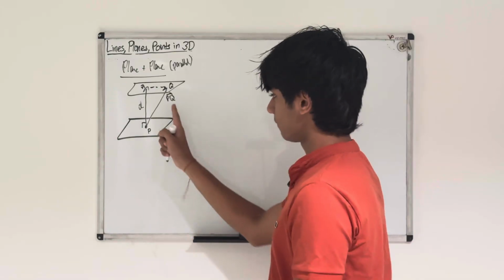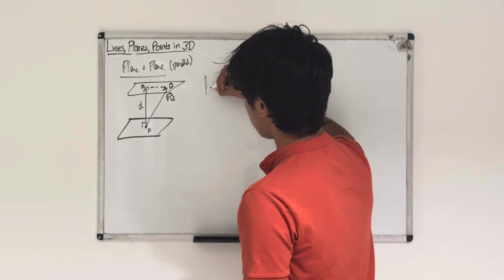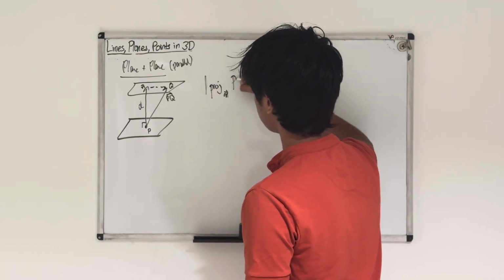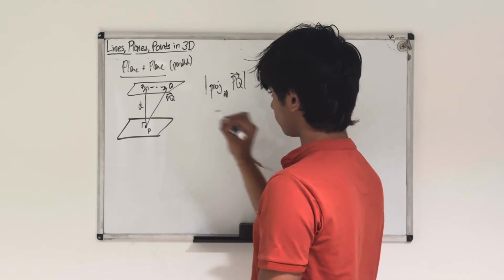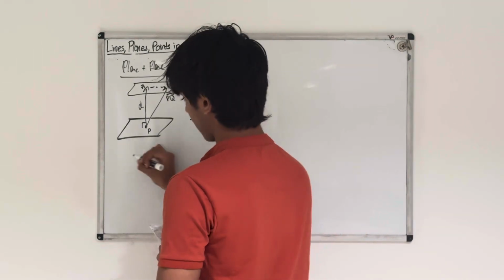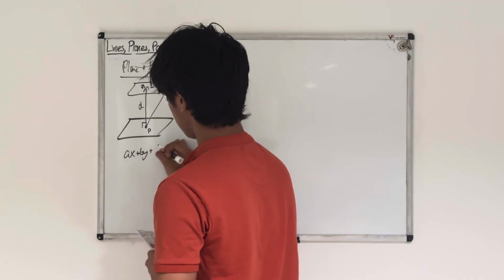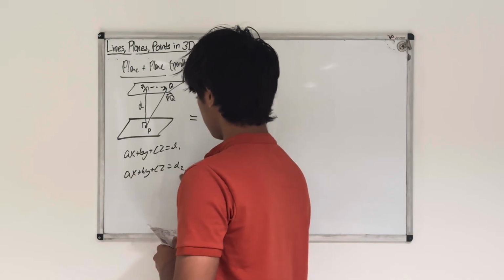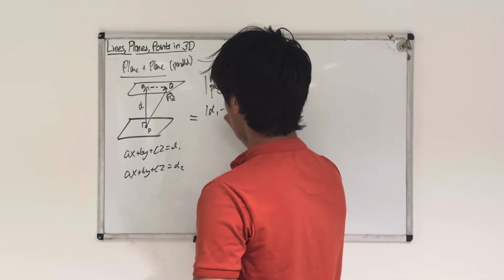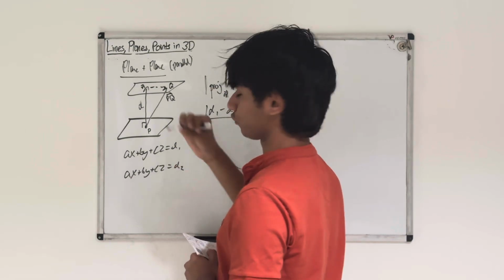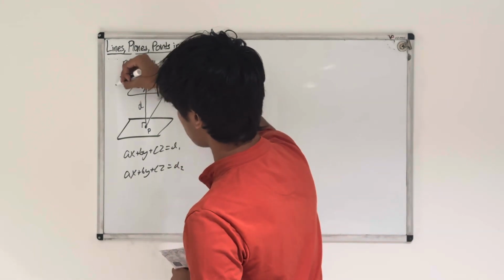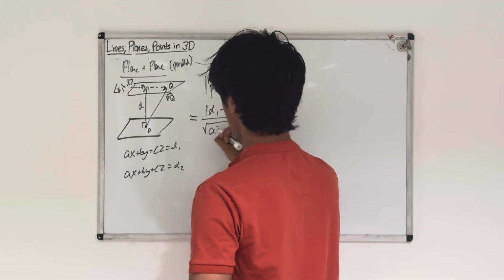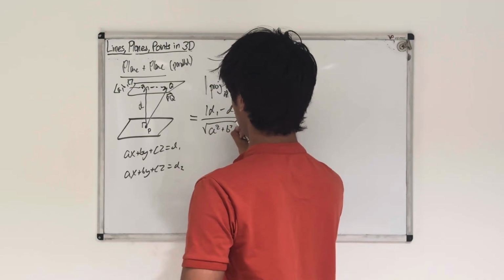So we're finding the magnitude of the projection of PQ on N. This magnitude is equal to, if we have two planes, AX plus BY plus CZ equals D1, and AX plus BY plus CZ equals D2, then the absolute value of D1 minus D2 over the magnitude of the normal vector ABC, which is the square root of A squared plus B squared plus C squared.